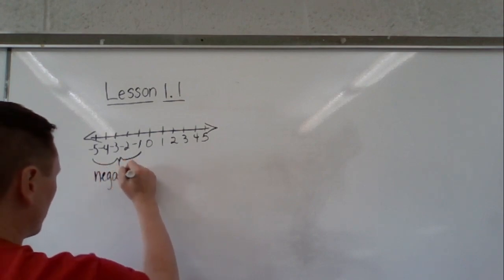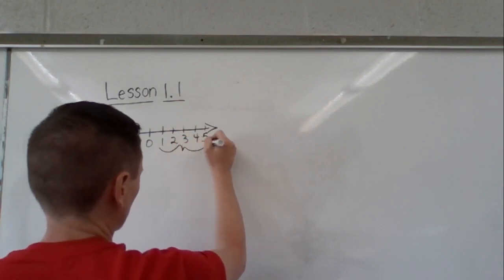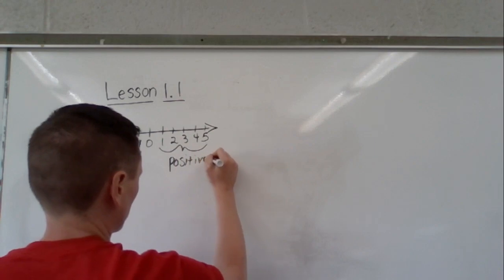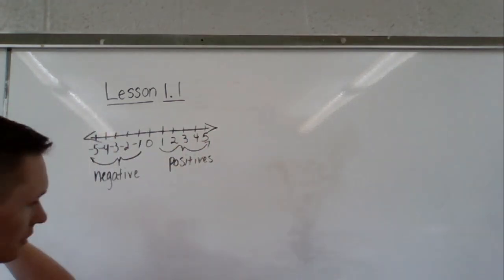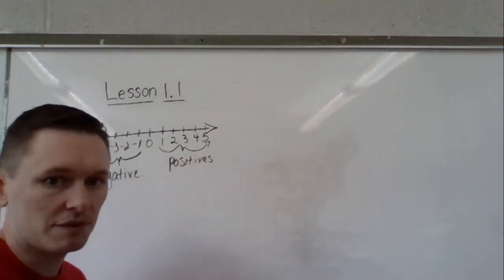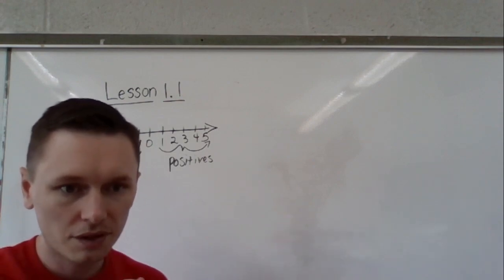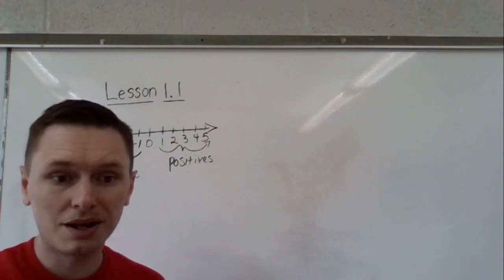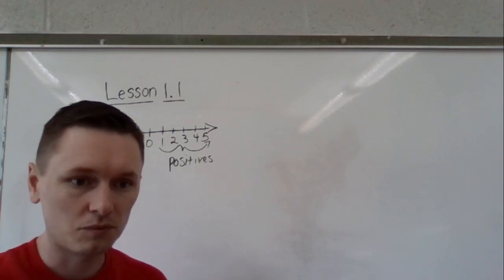These are negative. And then over here are the positives. I'll put an arrow on the end because these negatives continue on forever to the left, and the positives continue on forever to the right. Okay. We're going to talk about 0 in a little bit on why it's not positive or negative, and we'll get to that when we get to our first example.